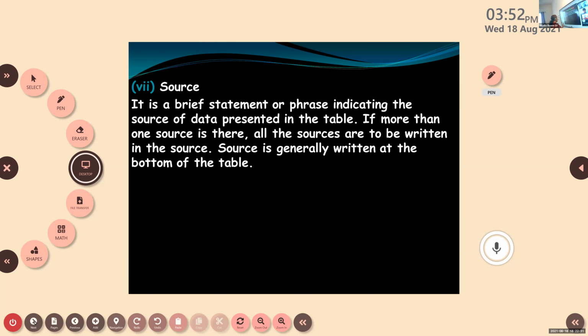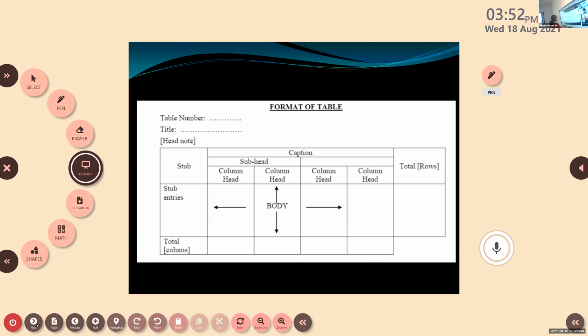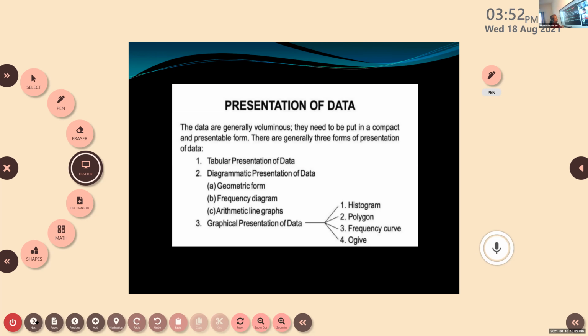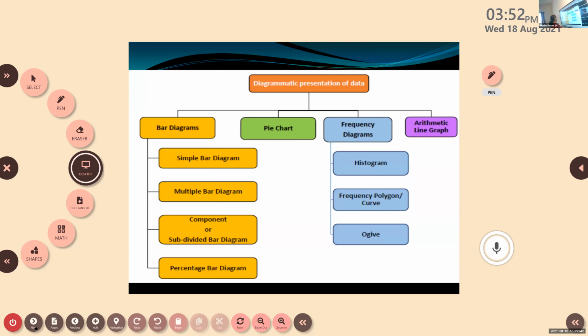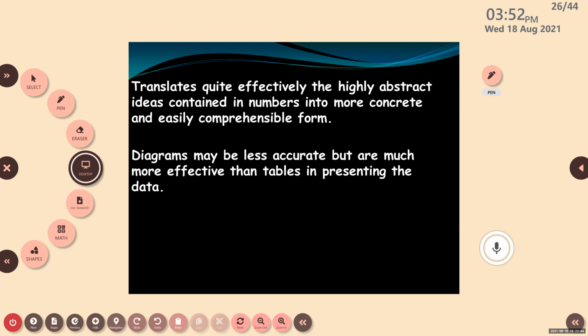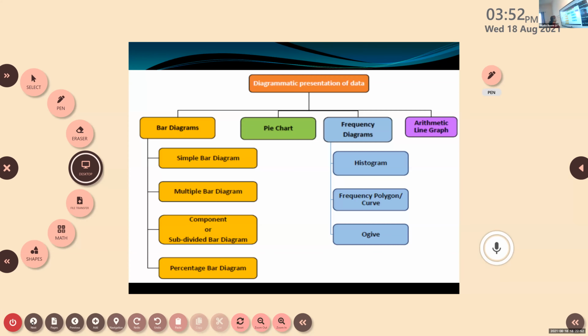Now under bar diagram, we have more divisions. Which are they? Alan Thomas? Ma'am, simple bar diagram, multiple bar diagram, component bar diagram. Okay. So this is just in short, you can understand by seeing this once more. Don't forget this.